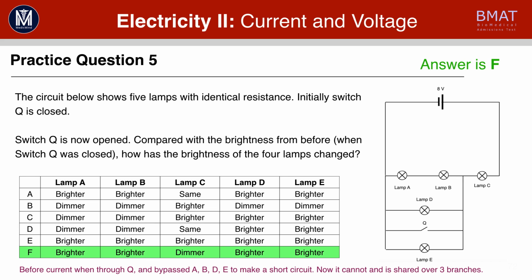However, there are now 5 lamps involved in the circuit as opposed to 1 when Q was closed. Therefore, the total resistance will be increased for the circuit, and therefore the overall current in the circuit will be lower. So lamp C would have a lower current flowing through it, and therefore lamp C would be the dimmer brightness.